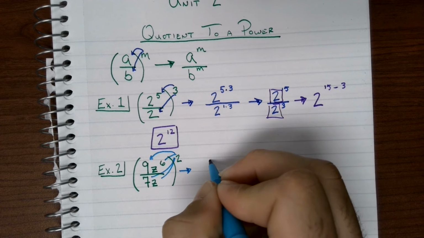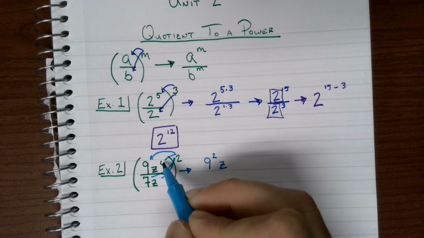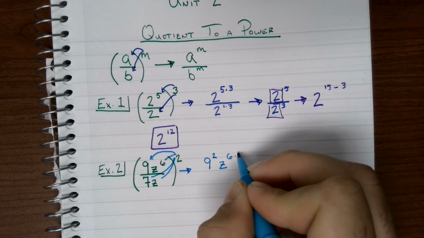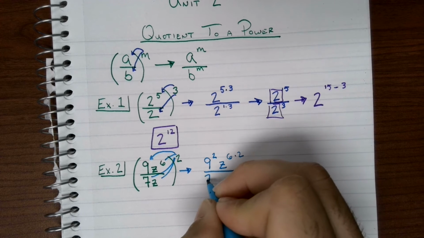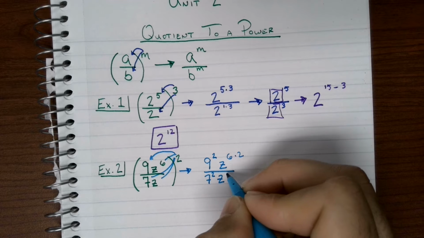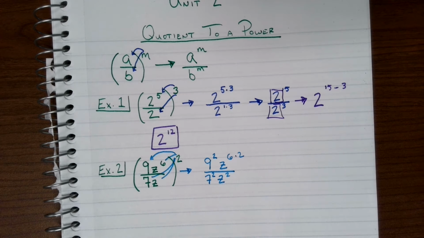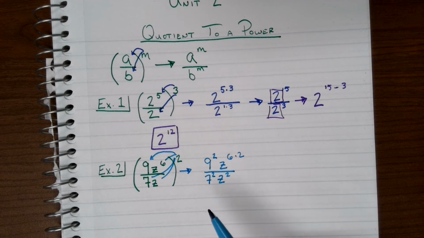So this will just be 9 squared, z to the 6 times 2, over 7 squared, z, and there's just a 1 there, so it's going to be z squared. Okay, now you don't have to do this. I just do this to show you guys it's multiplication.